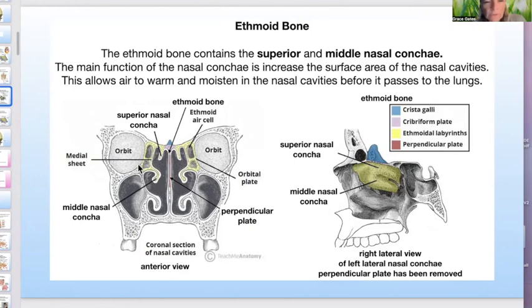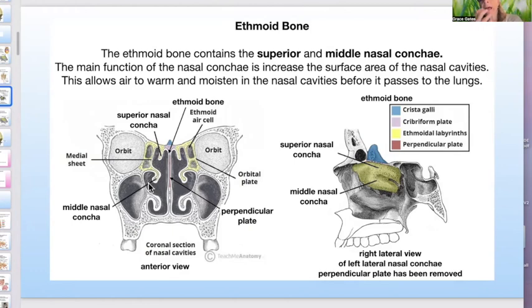So if we look here, the superior conchae are shown in a coronal section, looking anteriorly. And then the middle nasal conchae are shown below, and they are covered with epithelium that is moist and has a sort of mucus and water surface fluid on them.